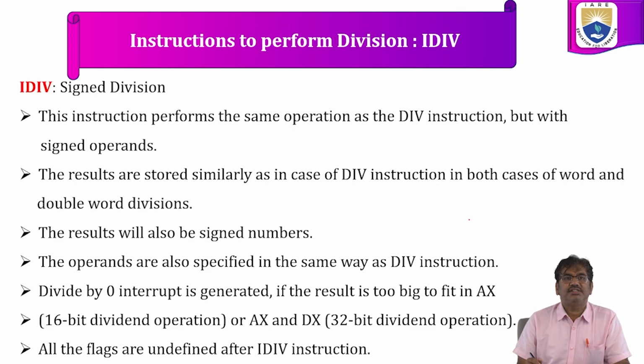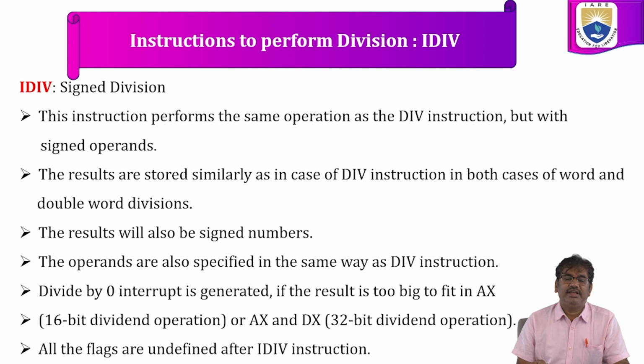The next instruction is IDIV, which is signed division. The instructions div and IDIV will differ with respect to what kind of data we are using for division operation. Remaining functionality constraints are same, where the operands we have to place, where we can find the result, that is same with respect to div.